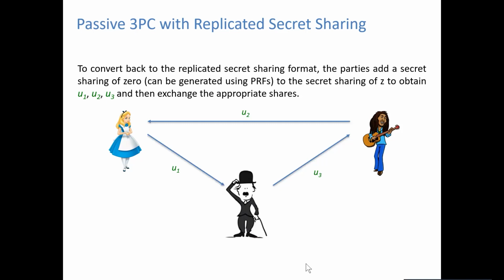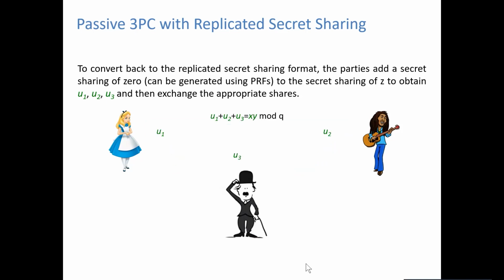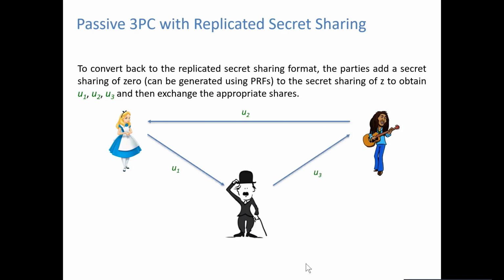And now what they do is the following. We want to go back to the replicated secret sharing. In the replicated secret sharing, Alice should have U1 and U2. So Bob will just forward to her the value of U2. Likewise, Alice will forward U1 to Charlie, and Charlie will forward U3 to Bob.